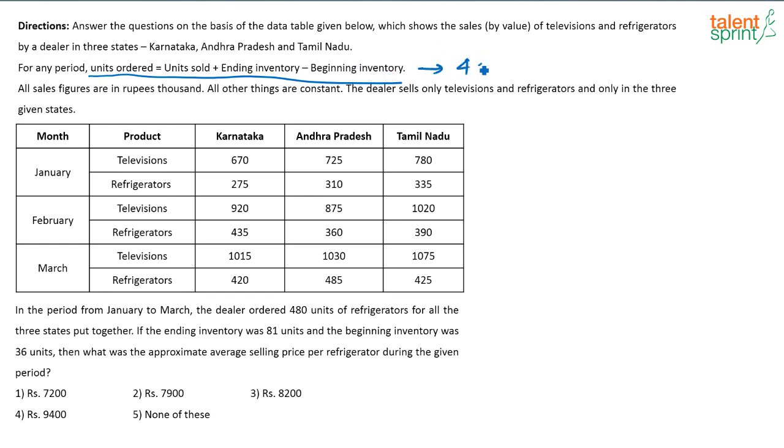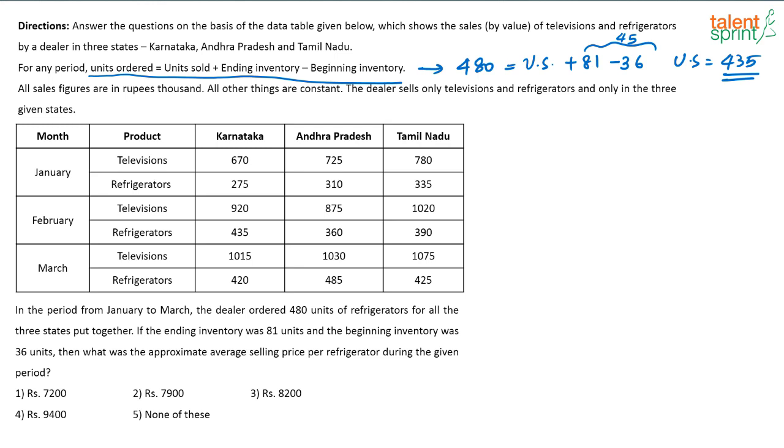So units ordered is given as 480. 480 is equal to units sold plus ending inventory, which is 81, minus beginning inventory, which is 36. The difference, 81 minus 36, is 45. Correct? So units sold is equal to 480 minus 45, which is 435. So totally in this given period, the number of units sold has been 435 units.